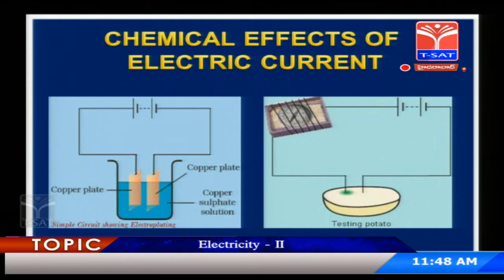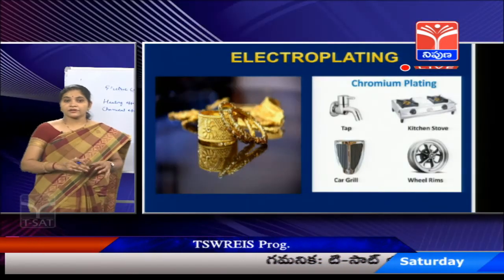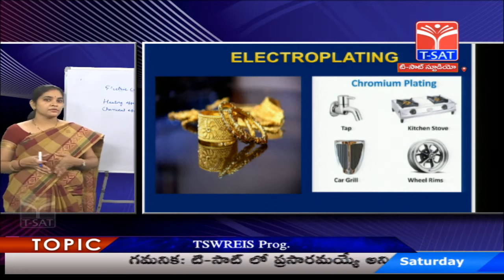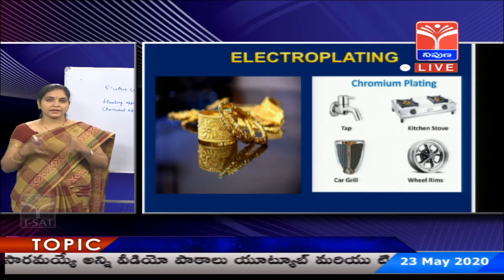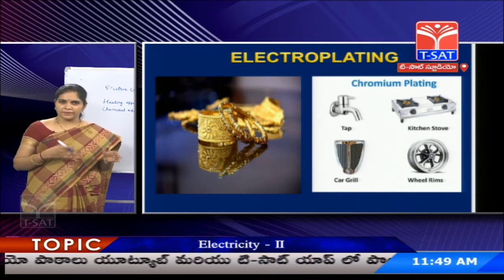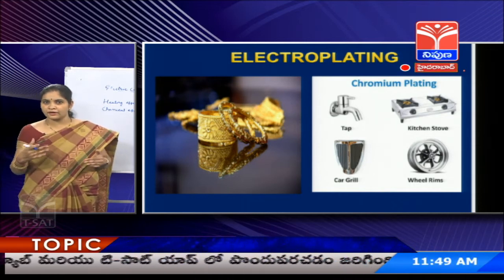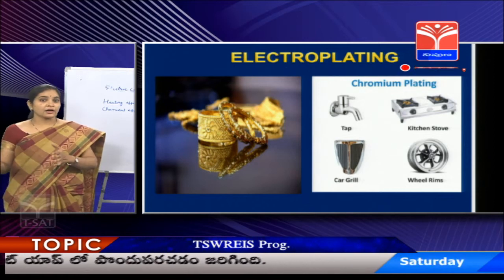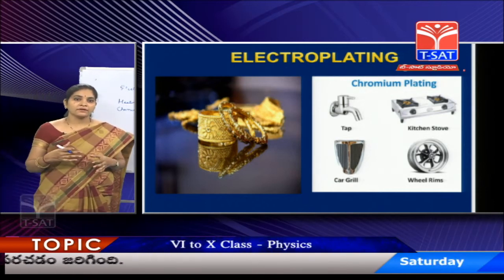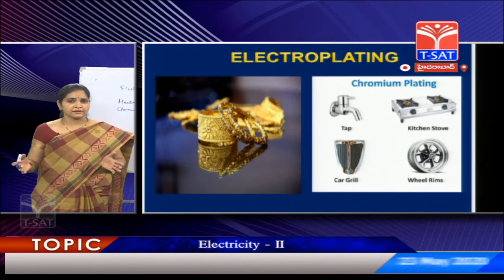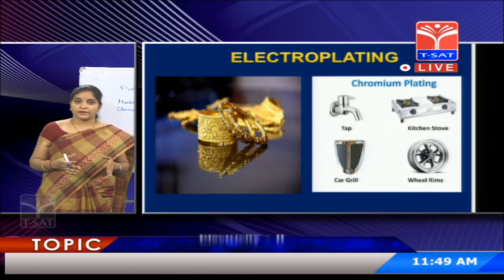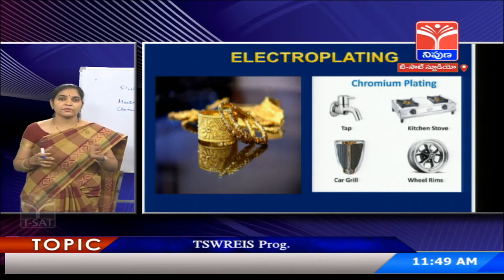Children, electroplating is one of the important uses of the chemical effect of electric current. Jewelry made of low cost metals like aluminium and iron are coated with silver and gold. Not only that, automobile parts are coated with a non-corrosive metal, chromium.